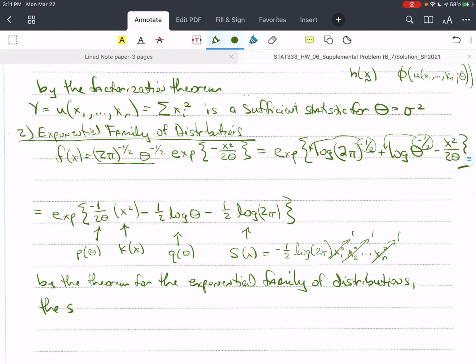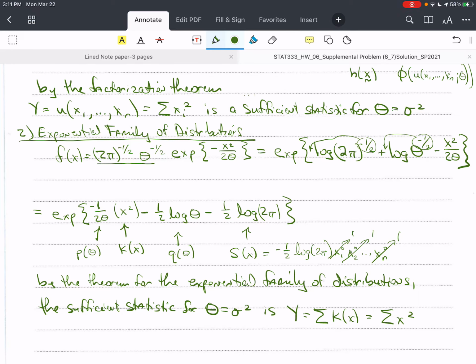the sufficient statistic for theta equals sigma squared is the sum, we'll say y equals the sum of k of x equals the sum of x squared.